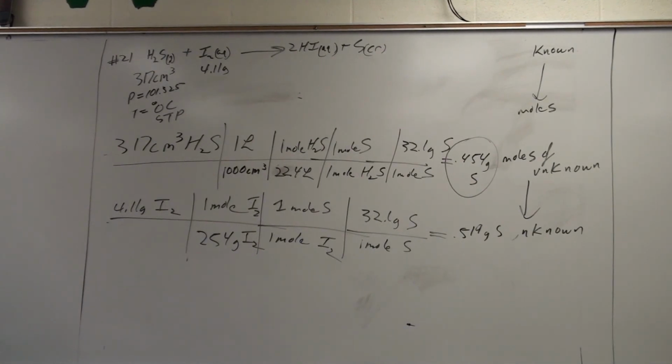The smaller one is our limiting reactant, and therefore we'll run out of the H2S first.